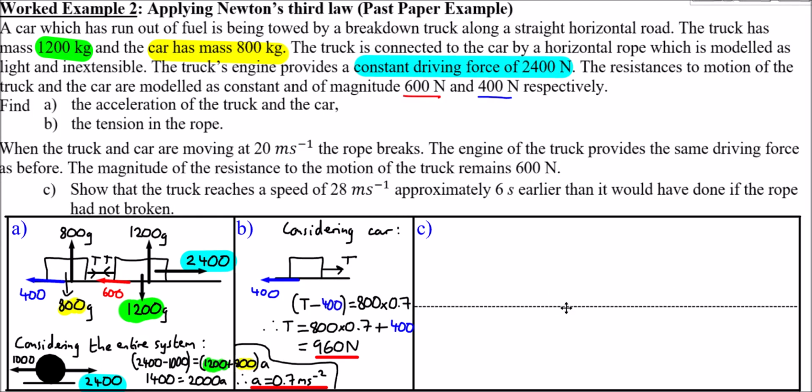Let's imagine the rope didn't break, and in fact, I'm just going to move this dotted line and make it a slightly different dotted line. So let's just think about the first scenario. Just imagine everything was normal, the rope didn't break.